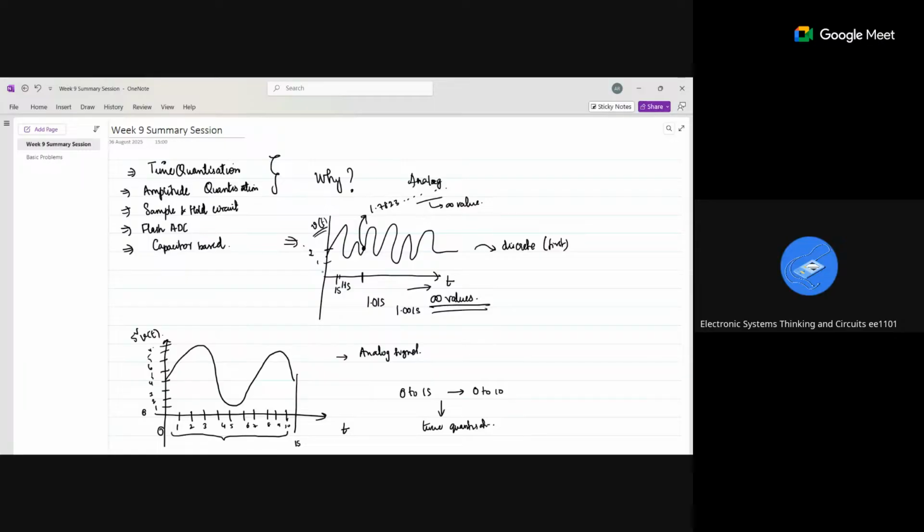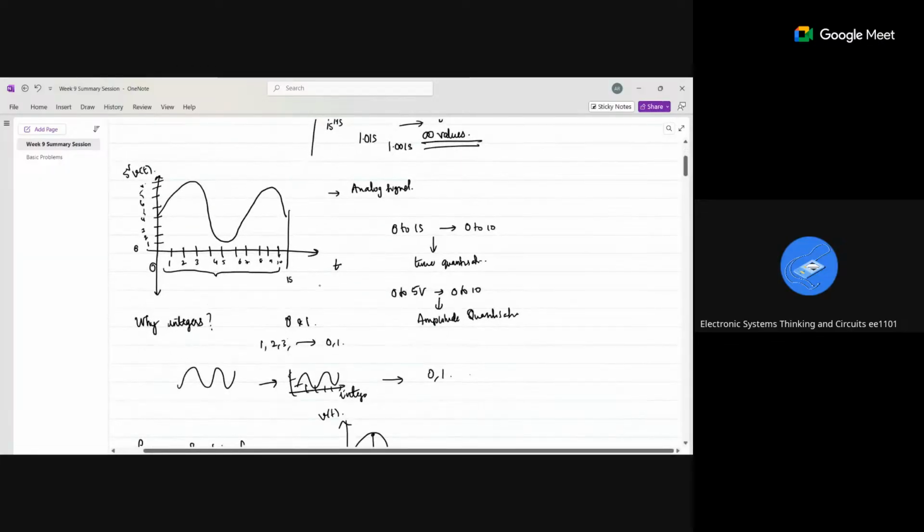In the same way, the value v of t will not be 1.78 rounded off to two decimals. It will be like 1.7823 and so on, with infinite decimal places. So all these values cannot be read by a computer. So first I'm converting all these values into some whole numbers.